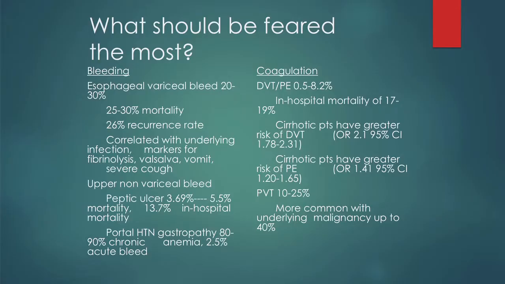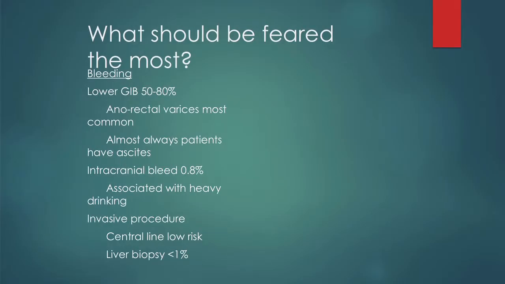We have portal gastropathy, which is not an esophageal variceal bleed, and that one is also common. 80 to 90% of patients bleed because of this, and it's associated with chronic anemia in these patients. And then we have other types of bleeds, like lower GI bleed, brain bleeds and so on, that are much less common.